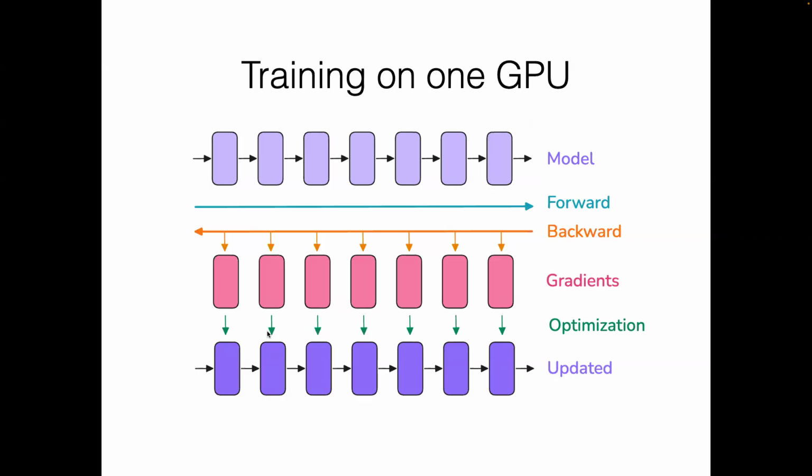So typically we'll use Adam, and after doing that, you get these updated parameters, and then you can repeat the process. Okay, so this is just a visual representation of these major stages involved in training. The forward pass, the backward pass, you have to manage these gradients, you have to do the optimization step, and then you get some updated model.